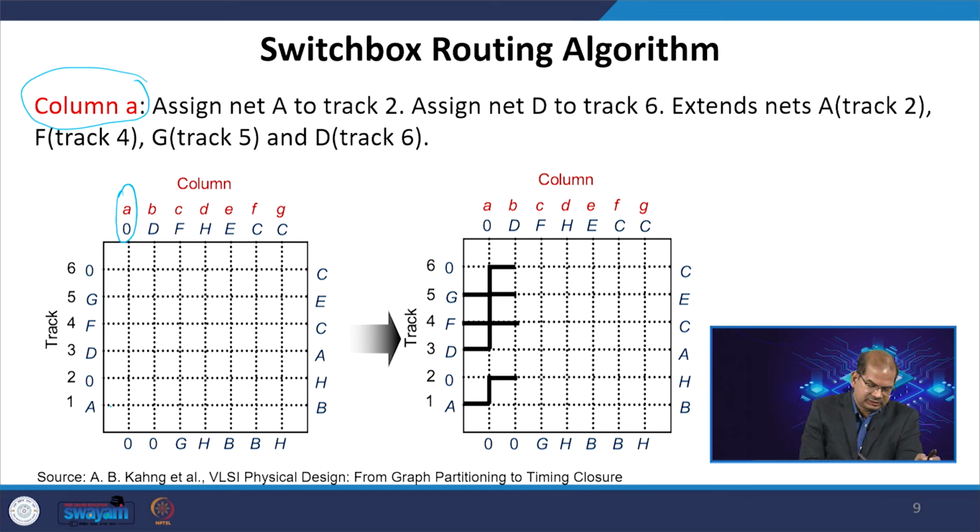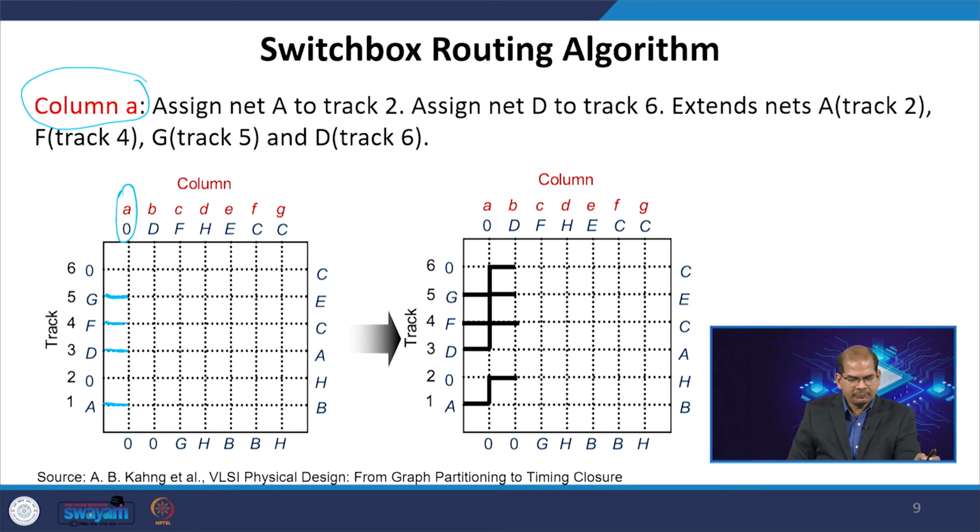So, this track is automatically assigned. Let us say here for A this is assigned, 0 means there is no connection, D means it is assigned, this is assigned, this is assigned. So, till this point it is done.